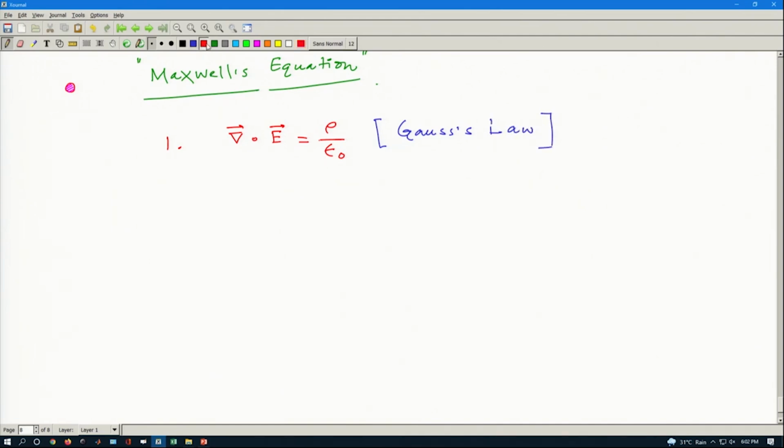What is next? Next is the divergence of B is equal to 0.